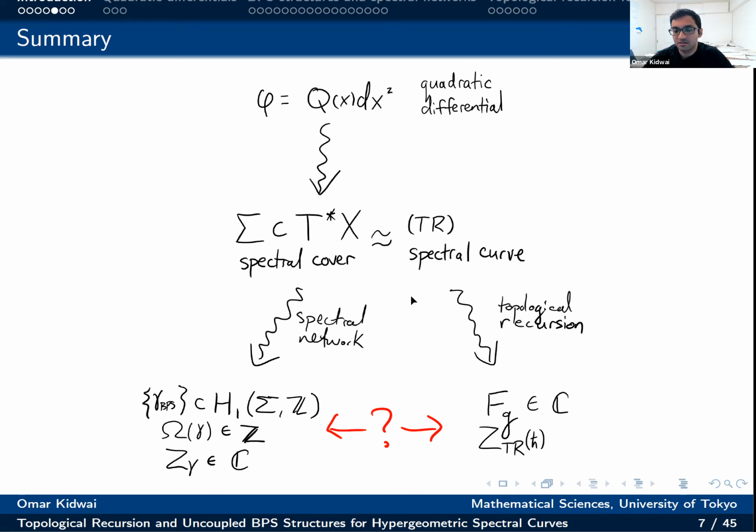These are both very complicated formalisms for counting things, and I can do topological recursion instead, and I can spit out a bunch of other data. And naturally, the question is, how can I relate these two things? So I started off with essentially one thing, and I want to know if I can go back and forth. And we're going to try to answer that in the simplest cases.